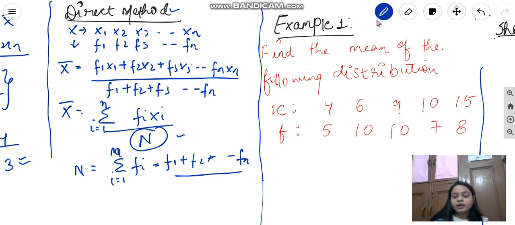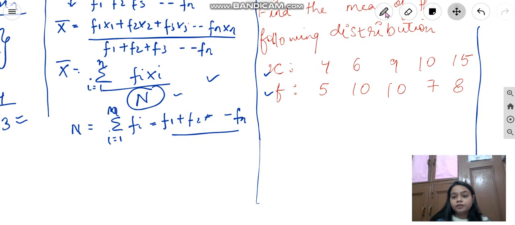Now we have an example for calculating mean using the direct method. The question is, find the mean of the following distribution. We are given the variable x and its corresponding frequency f. The first step is to prepare a frequency table in such a way that the first column consists of the values of the individual variable and the second column consists of the corresponding frequencies.